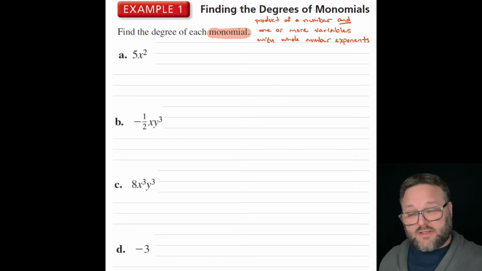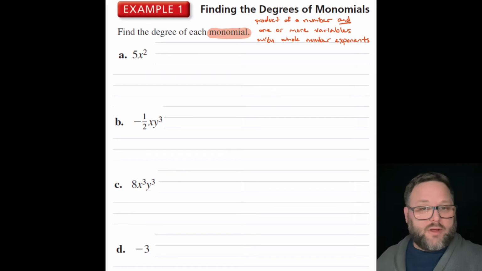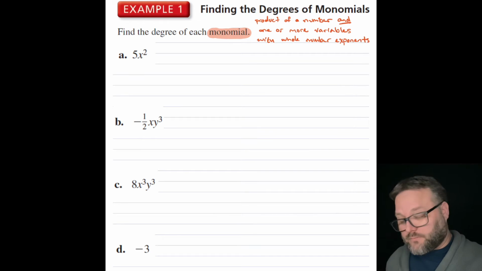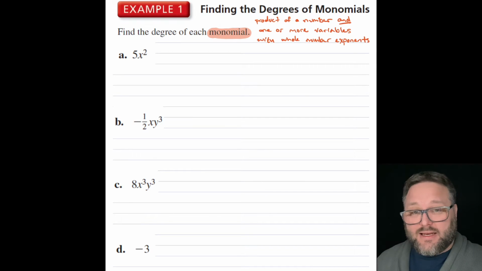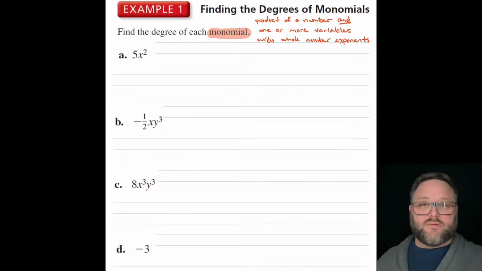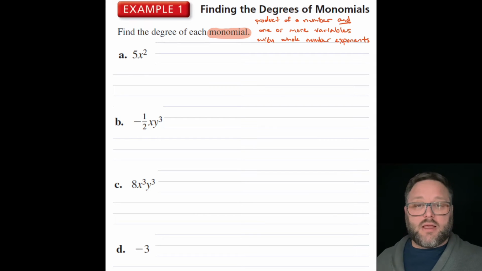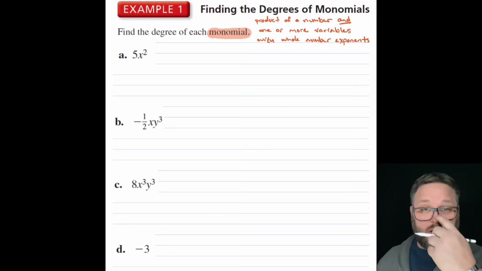And we'll get into that in just a second. All of that means you have a monomial. You're not adding or subtracting anything. You just have products. That's a monomial. We have a definition written on here, but another way to say it is we don't have addition, we don't have subtraction, we don't have additional terms. I just have one term, and that term is referred to as a monomial.